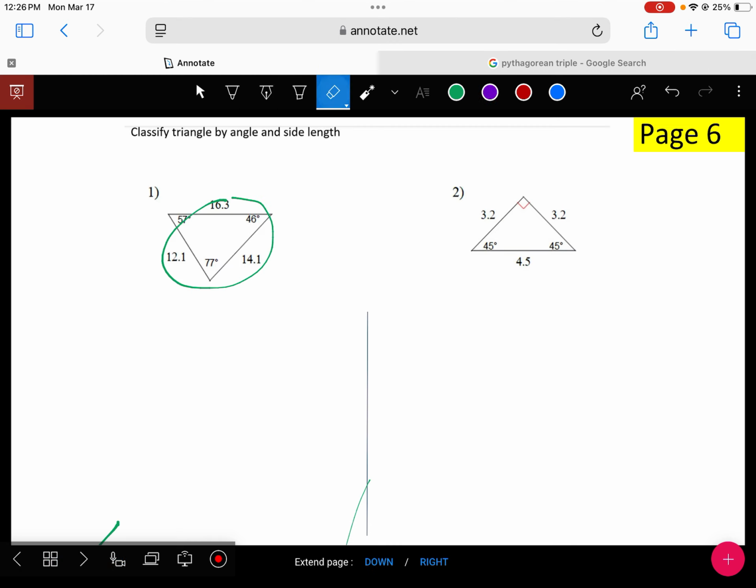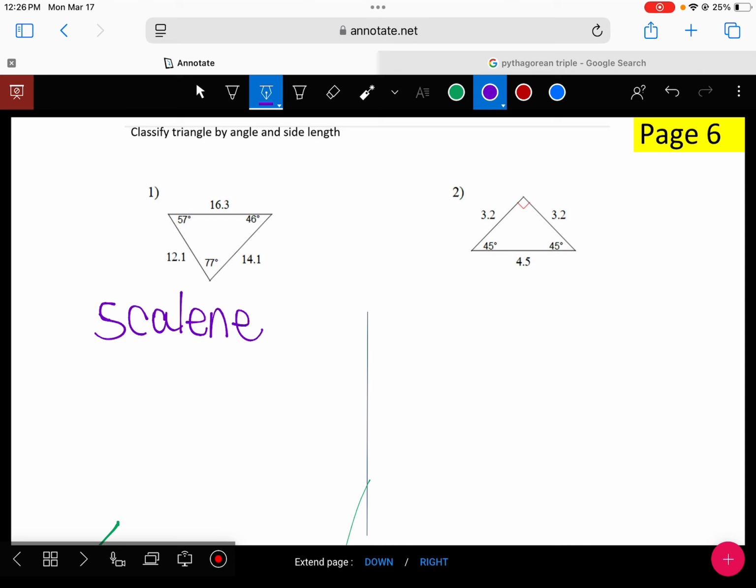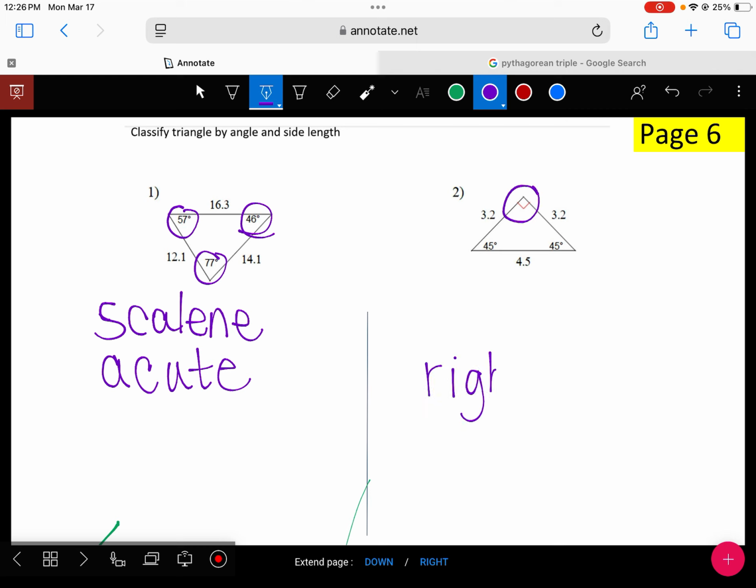So let's take a moment and classify our triangles. So for this one, looking at our side lengths, they're all different. So it's scalene. All of our angle measures are less than 90, so it's also acute. For number 2, we have a right angle, which means it's a right triangle.